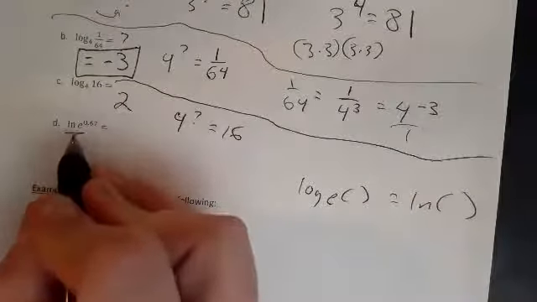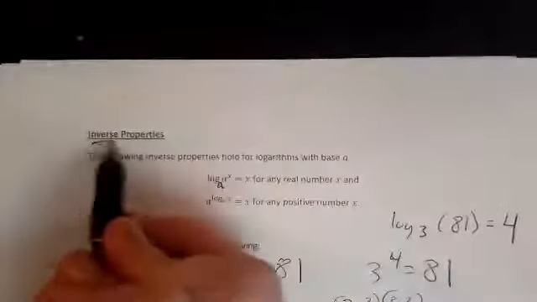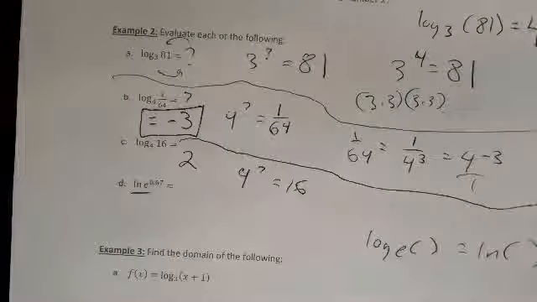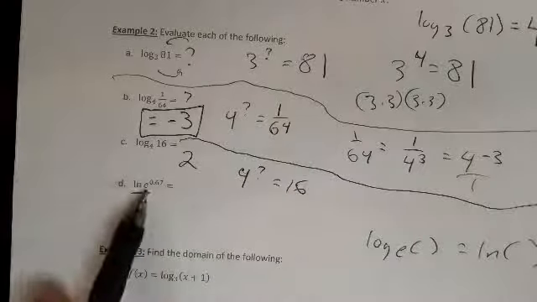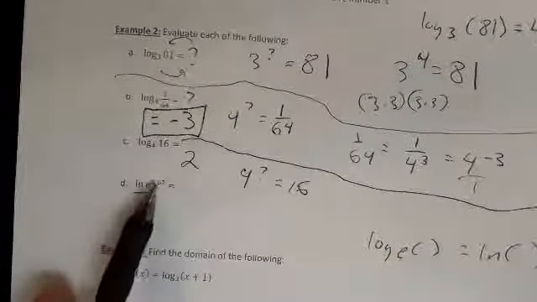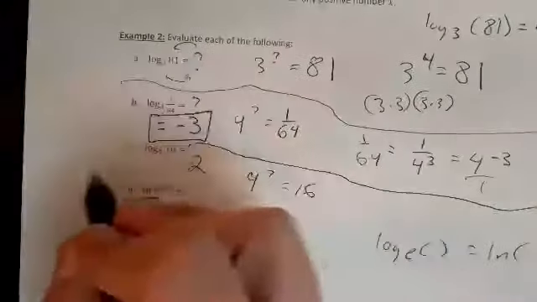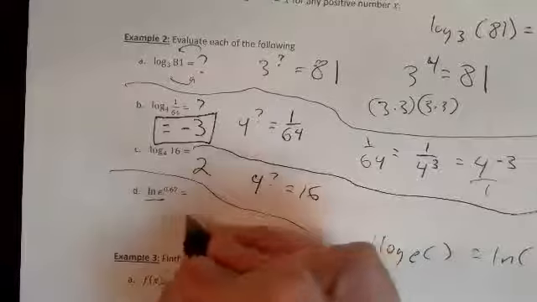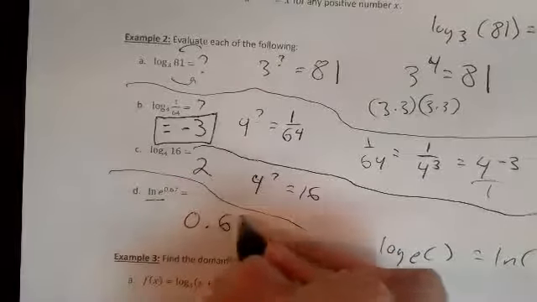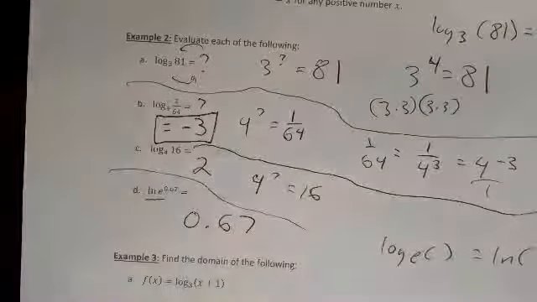They are inverses of each other. And so if we plug 0.67 into an e as an exponent, and then we take the natural log of it, this is that inverse property that they're trying to get at. It should just be that number.